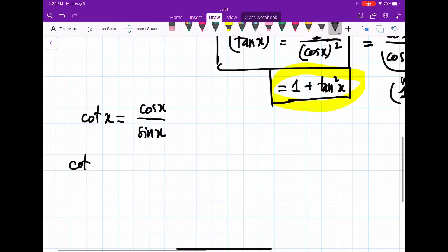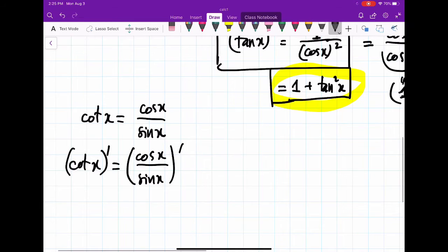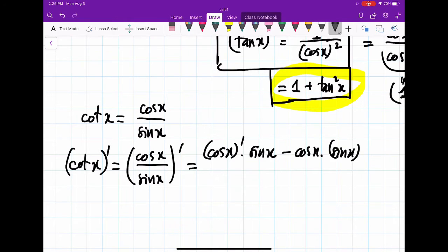Let's do that. The cotangent derivative is the derivative of cosine x over sine x. Again, you need to use the quotient rule. So you have cosine x derivative times sine x minus cosine x times sine x derivative, divided by sine x squared.